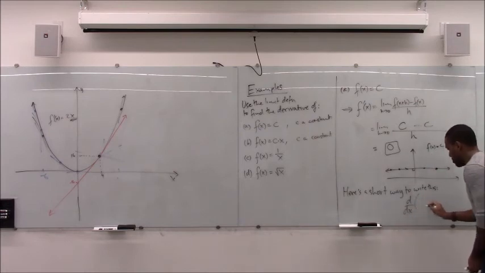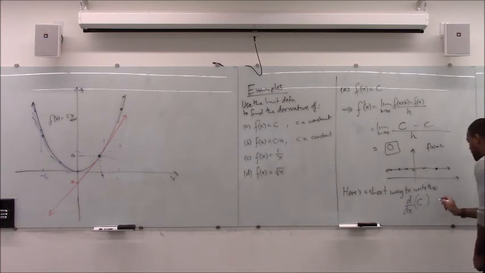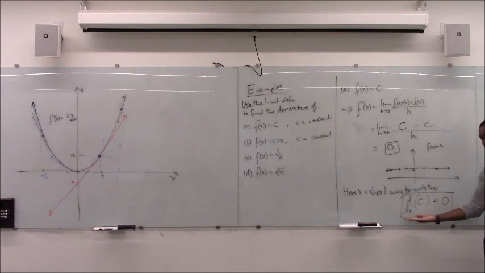You write the function beside it. So in this case, I'm going to write c. And I say equals 0. That's how I can state it. So you would read this as saying the derivative of a constant equals 0. More specifically, the derivative with respect to x of the constant is equal to 0, but we'll worry about that later. But I can state the conclusion as an equation. The derivative of a constant is 0.